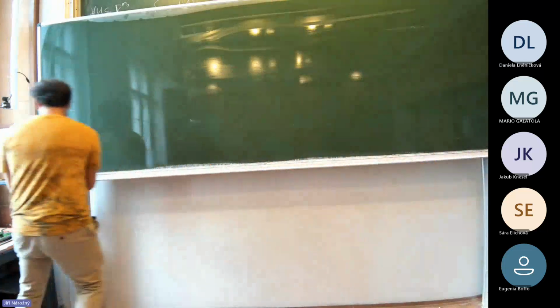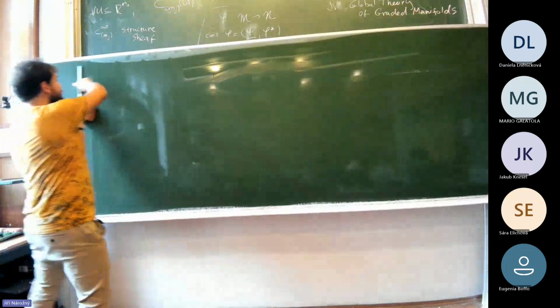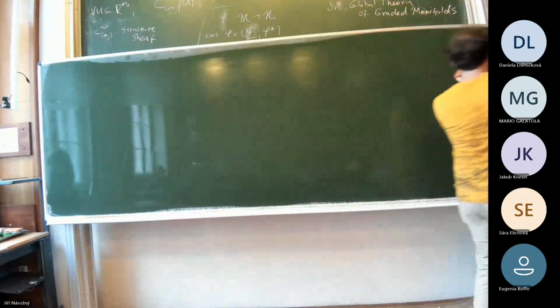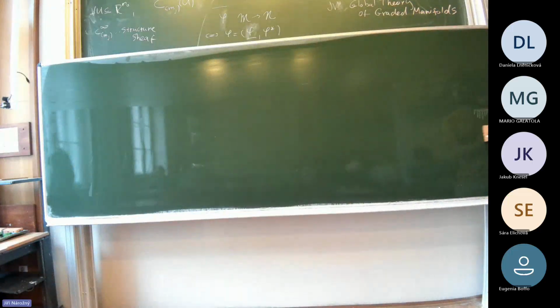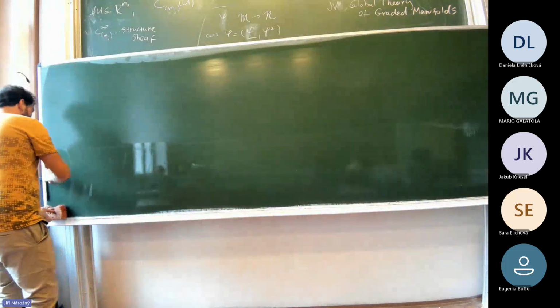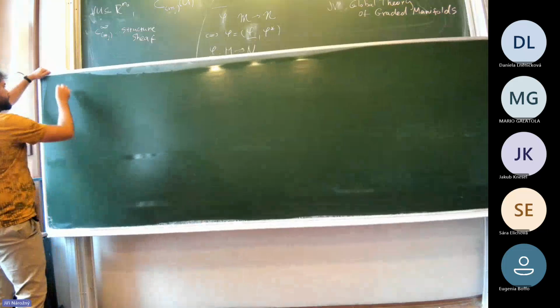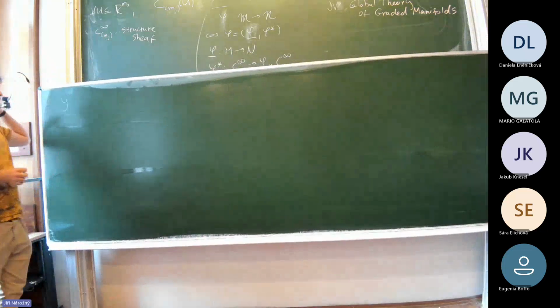And if you do this for every open subset, naturally, compatible with restrictions, you get a sheaf of graded modules on the graded manifold, so a sheaf of graded vector spaces.